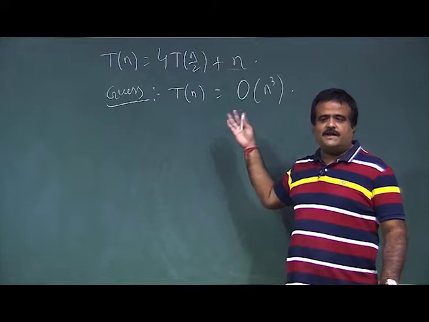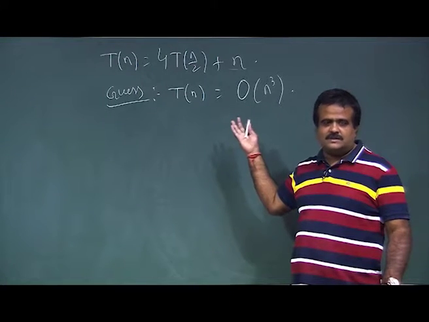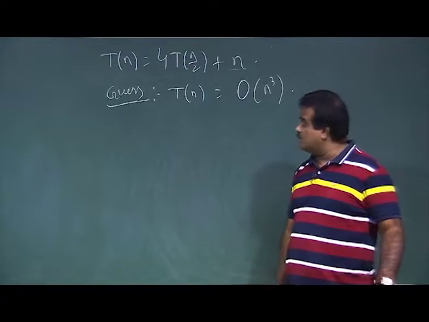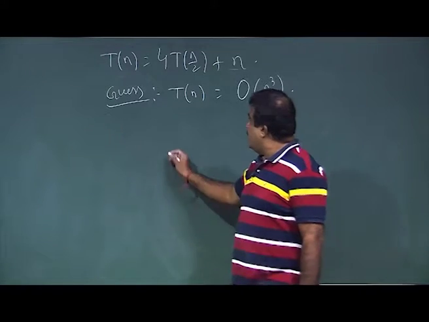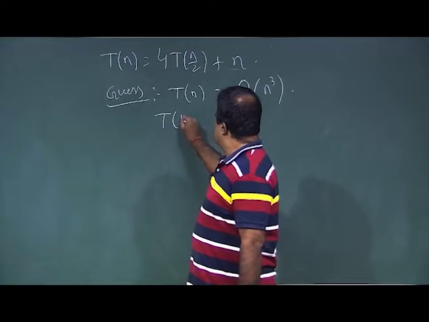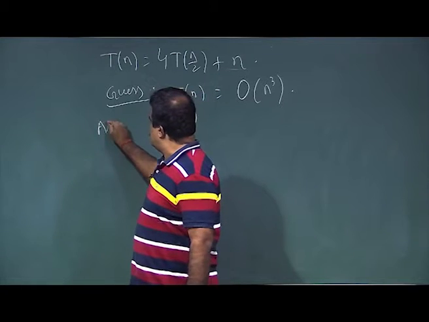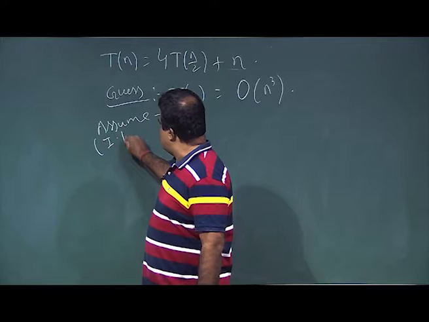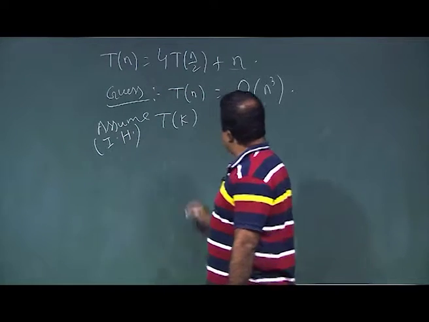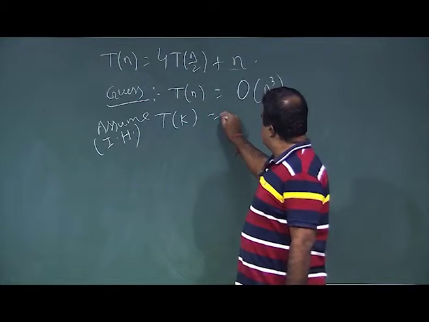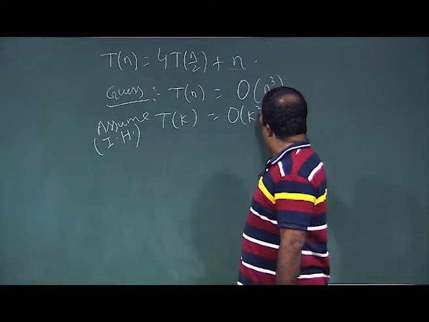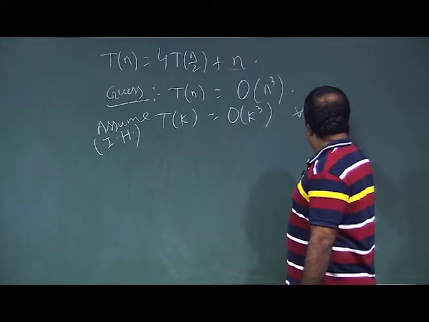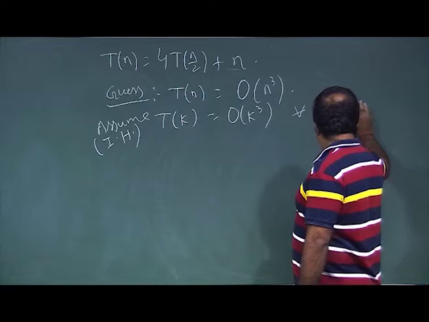Suppose this is our guess. Now we need to verify whether this guess is correct or not by the method of induction. So for that, what do we do? We assume, this is also called the induction hypothesis, that T(k) is order of k cube for all k strictly less than n, that is, k from 1 up to n minus 1.